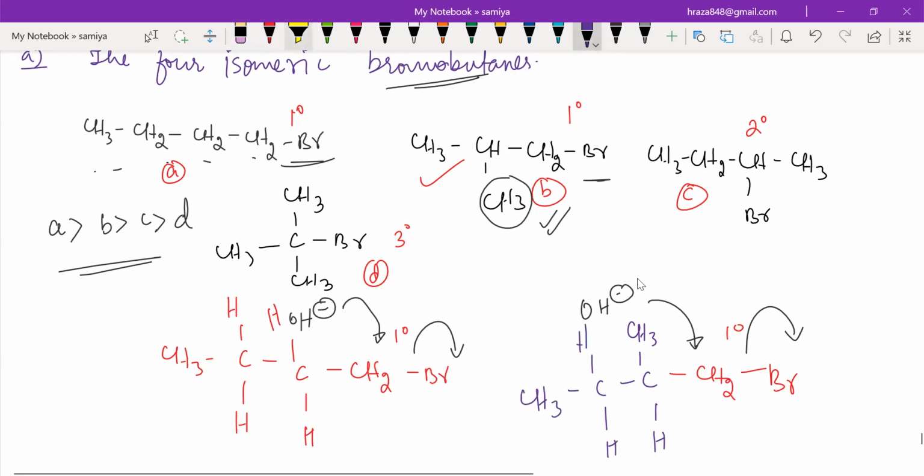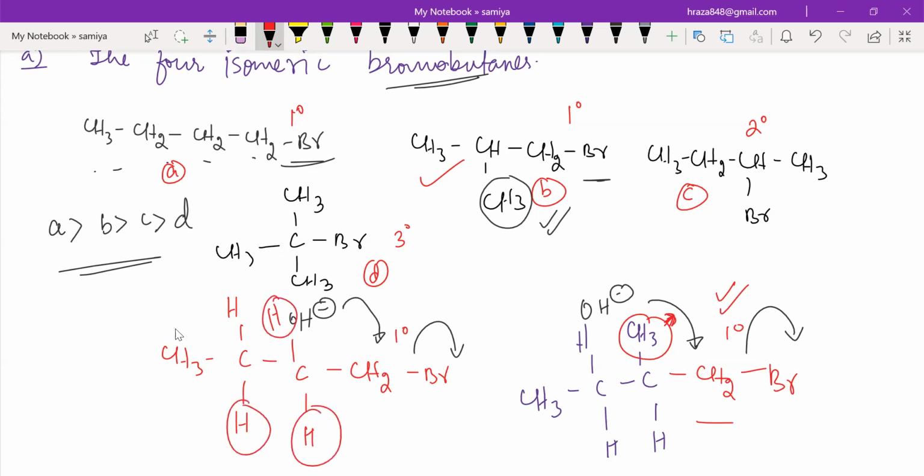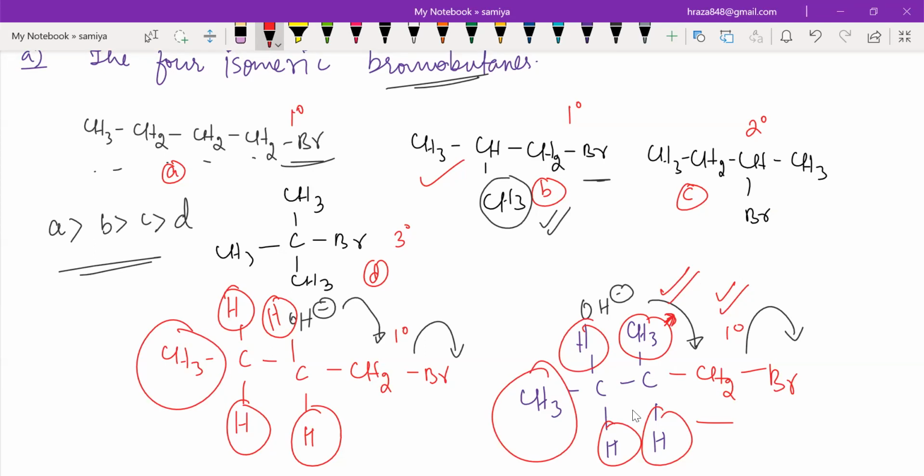So there is a bulky group present here that will repel this OH minus. That's why it is less reactive towards SN2. You can say this is hydrogen, this is hydrogen, this is also hydrogen, this is CH3. So due to the presence of this bulky group, it is less reactive. Since both are 1 degree, we go for the one with more bulky group, which means less reactivity. Is that clear?